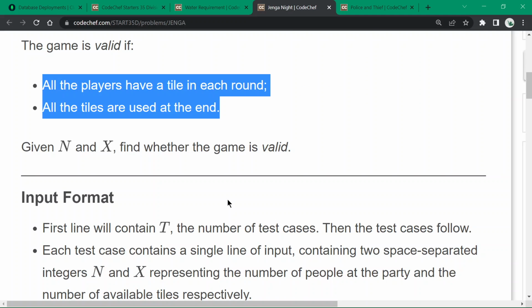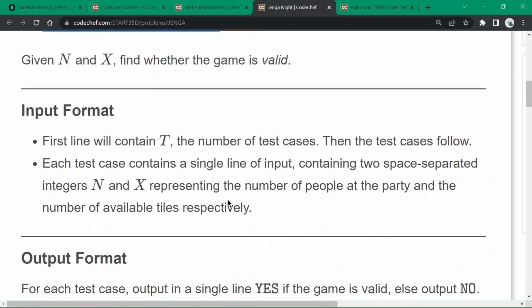This is possible if and only if the number of tiles is at least the number of people, and the number of tiles is a multiple of the number of people.